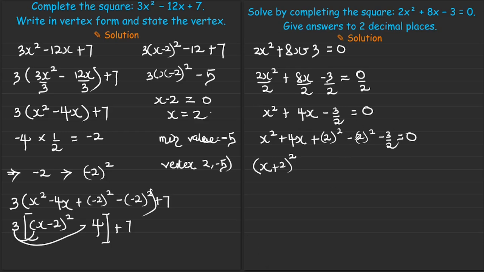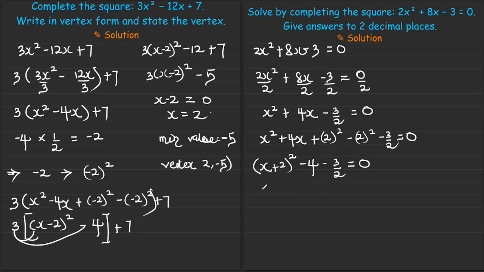Then we have our negative, then in brackets 2 squared gives us a negative 4. As I've explained, this is not a negative 2 squared, but it is minus then your 2 squared. And we have our minus 3 over 2, and this is all equal to 0. So now that we have this, what do we do? We now simplify.